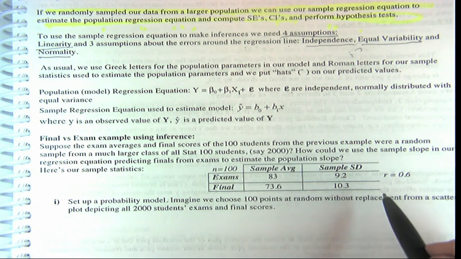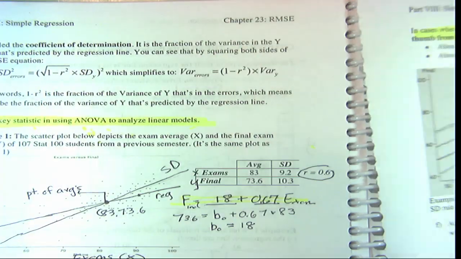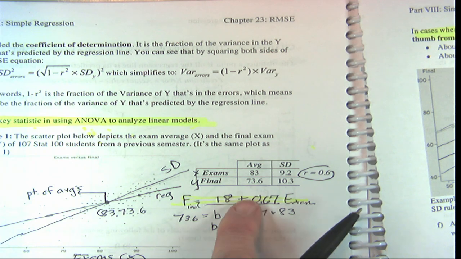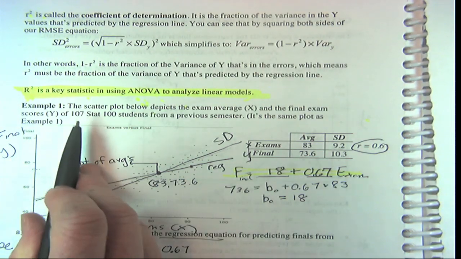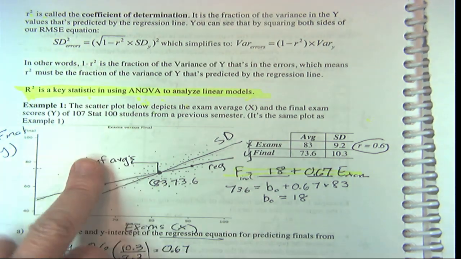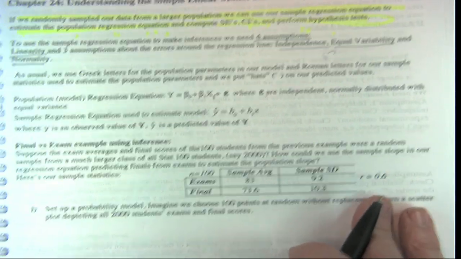So let's just keep on that same example that we did on page 113. This had 107 students. I'm going to pretend I just sampled 100, and I'll use these same statistics.